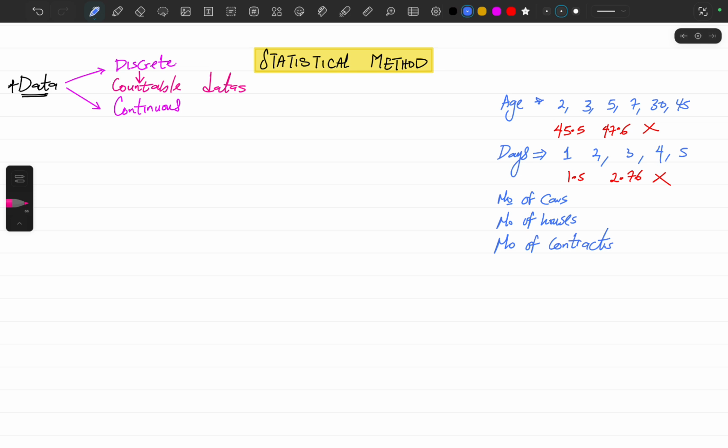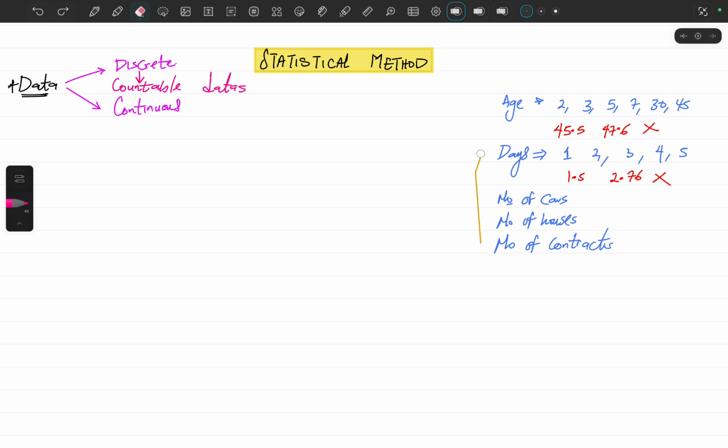Now, if you say continuous data, on the other end, you want to think about it, and very quickly you just give an assumption that you're looking at another type of data which is continuous. Think about it.